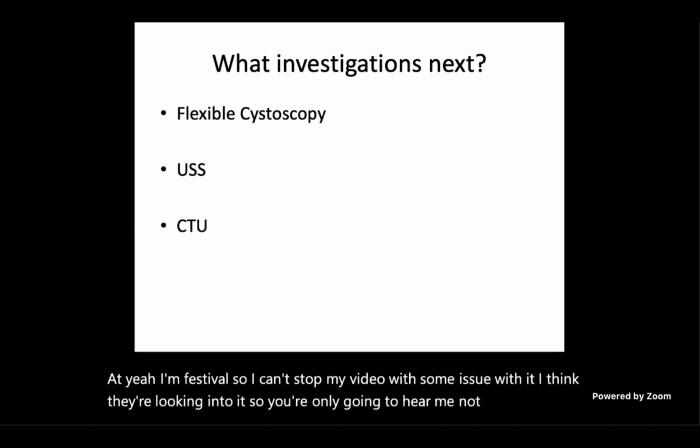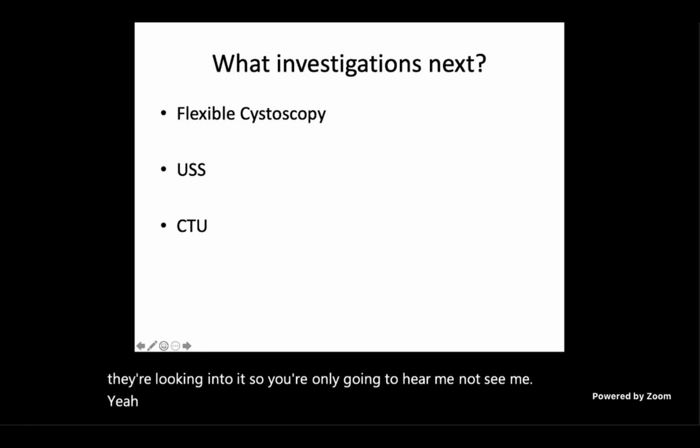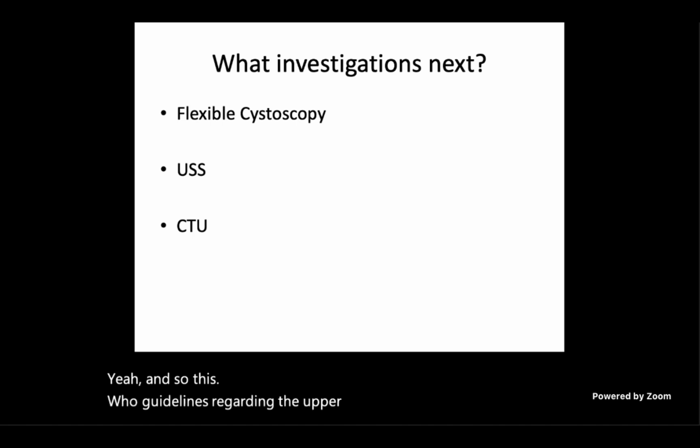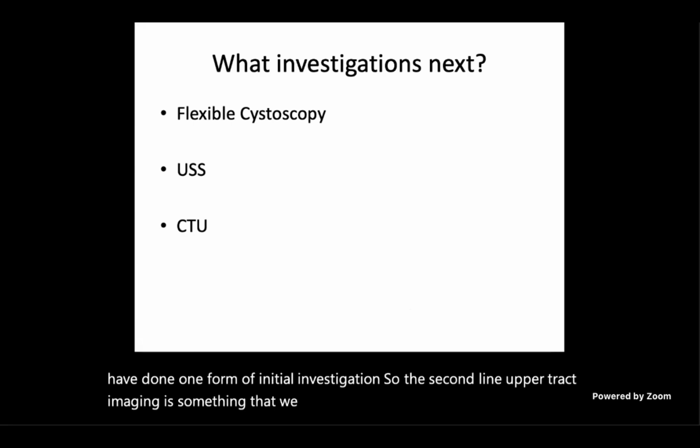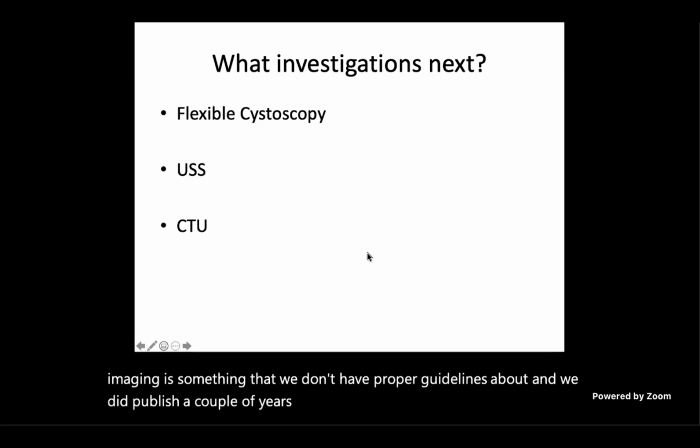That's okay. So there are no guidelines regarding the upper tract screening, especially when you have done one form of initial investigation. So the second line upper tract imaging is something that we don't have proper guidelines about. And we did publish a couple of years ago highlighting all these different recommendations.